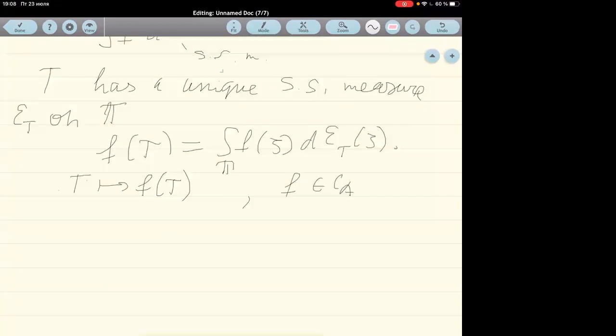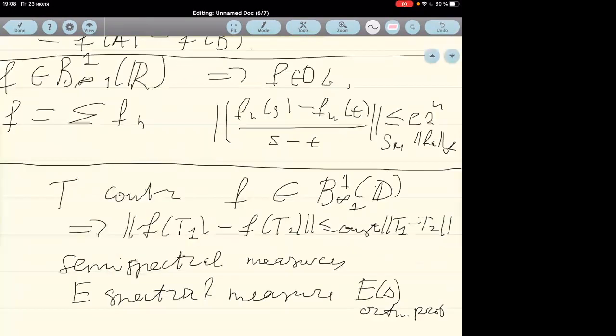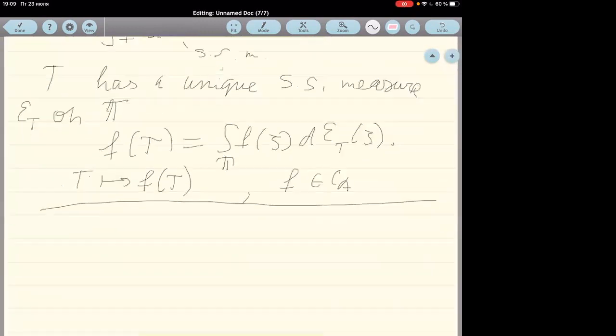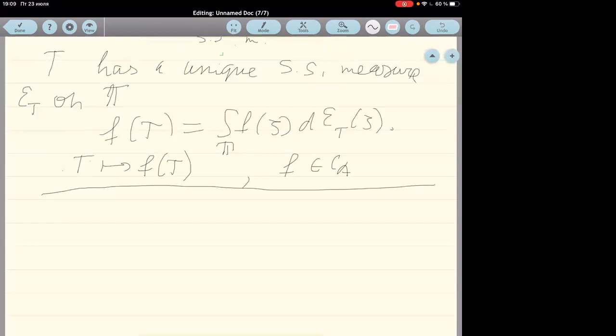Then to prove that Besov functions analytic in the unit disk are operator Lipschitz, so we want to prove this estimate for such functions f, we can use the same idea, but instead of considering spectral measures, we can consider semispectral measures.